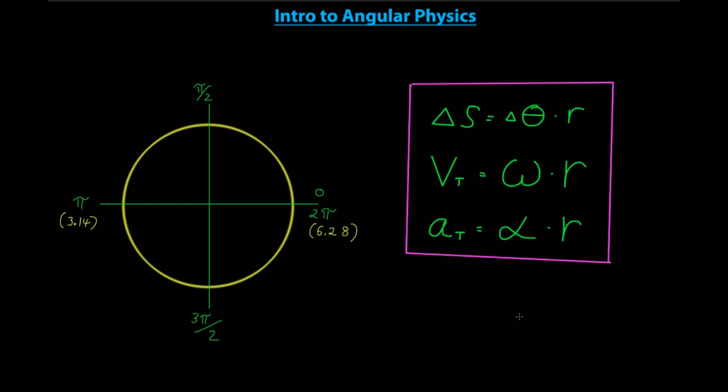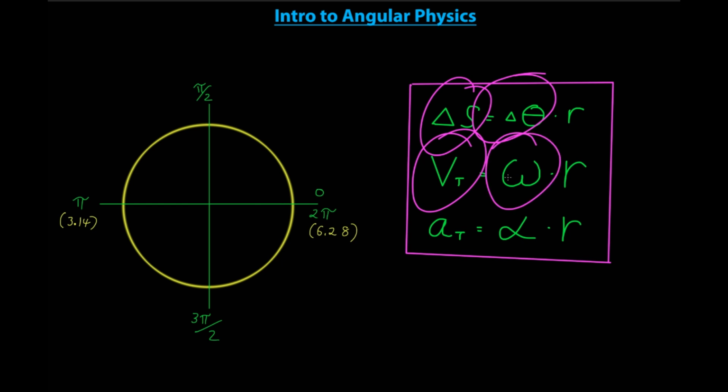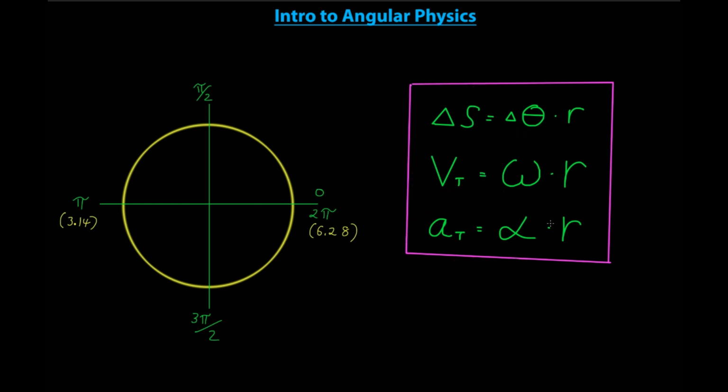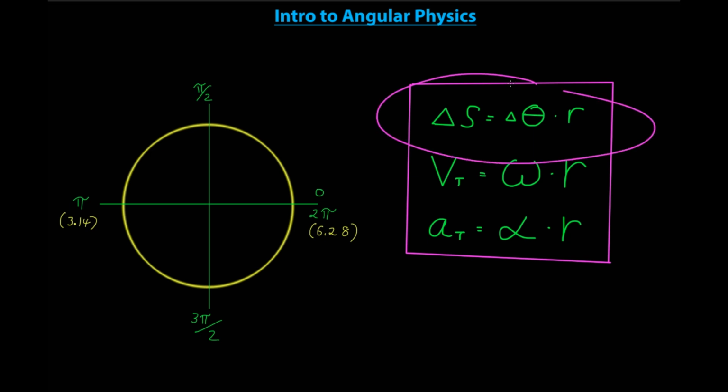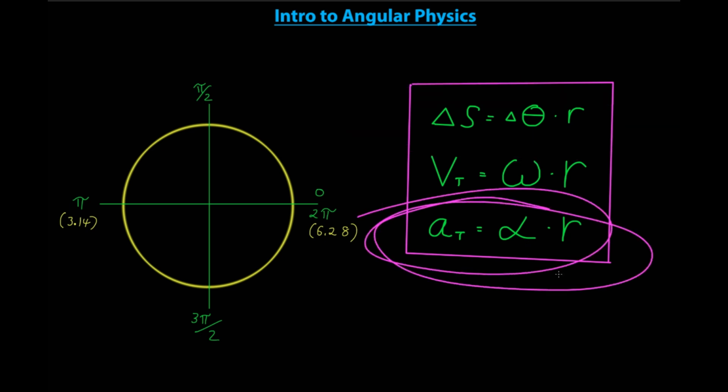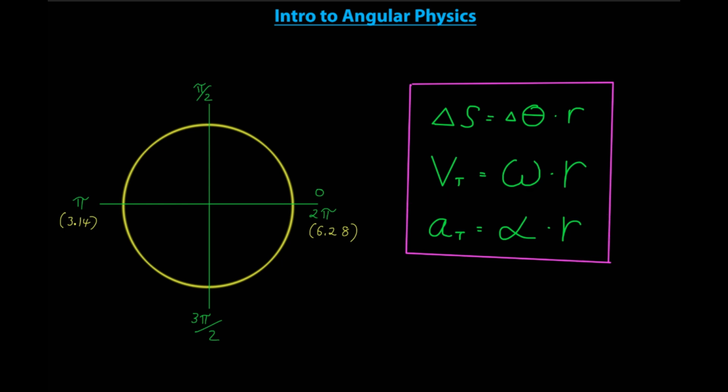They are basically translator equations. Meters to radians, meters per second to radians per second, meters per second squared to radians per second squared, or vice versa. In a first-time physics class, you're typically going to be using this one, and you're going to use it often. Second place is probably the arc length one, and third place, the acceleration equation. But you will be using them.